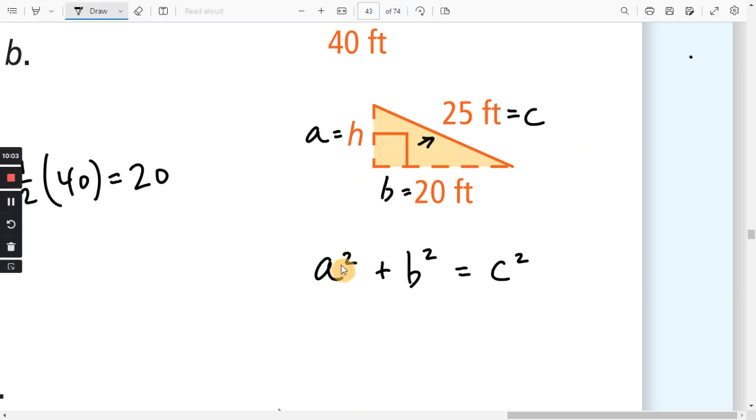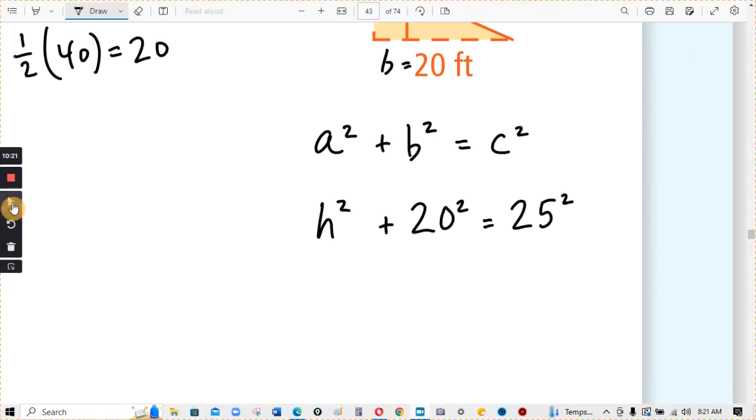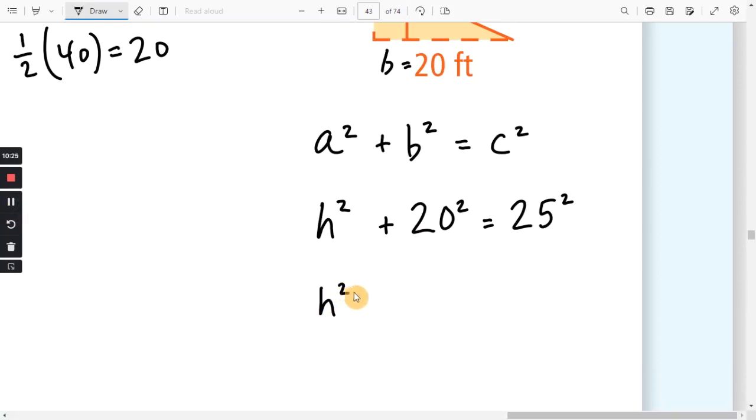All right, so a squared, since a equals h, is going to be h squared. B squared is going to be 20 squared. And c squared is going to be 25 squared. So we have h squared, and 20 squared is 400, and 25 squared is 625.